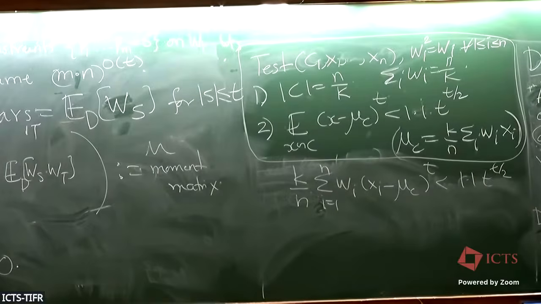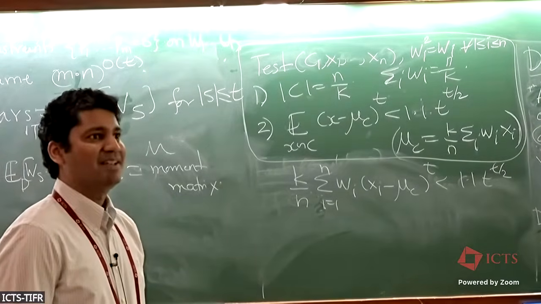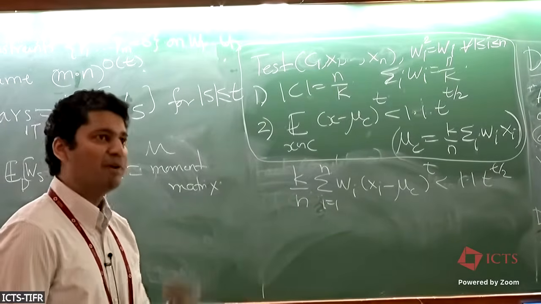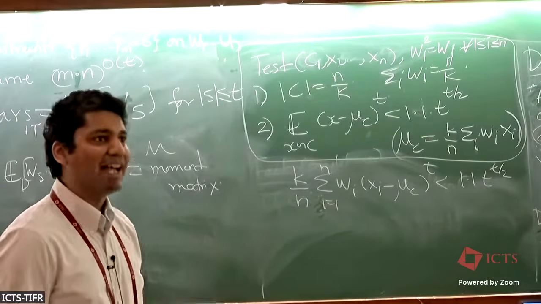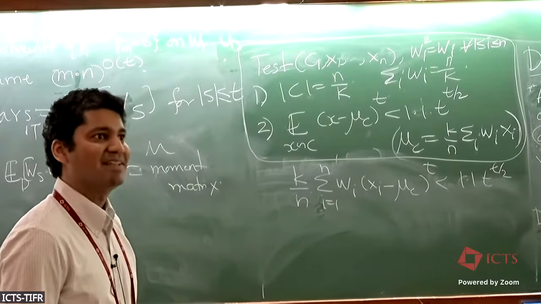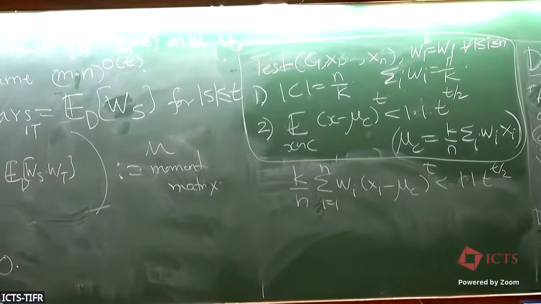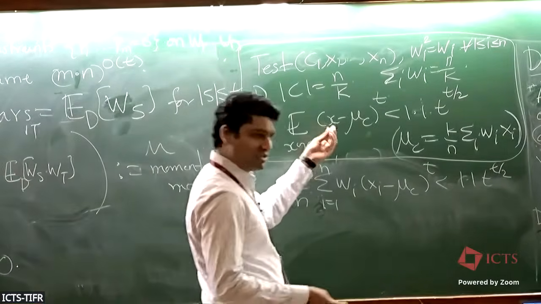The rounding algorithm uses only the first, but the solution satisfies these higher order constraints. So maybe you can tell me why I needed the degree 2t square pseudo distribution. In the test constraint, how many constraints are satisfied is up to me.